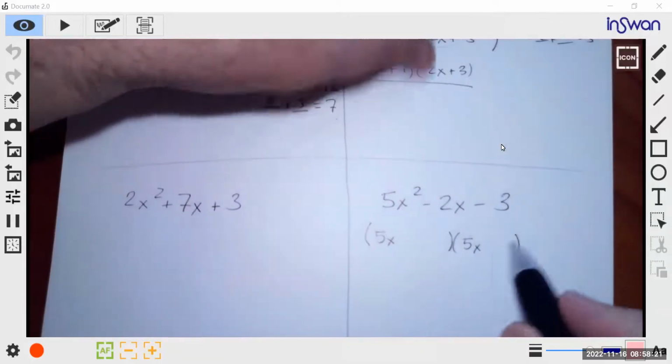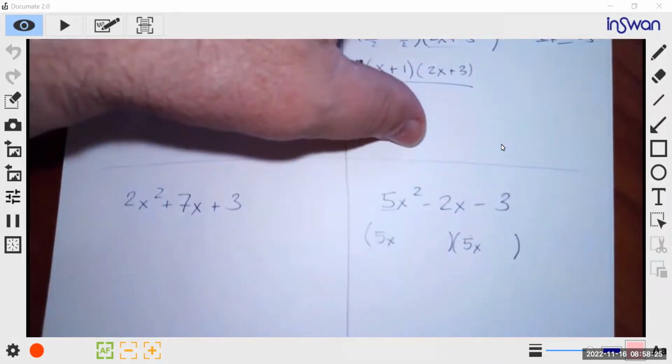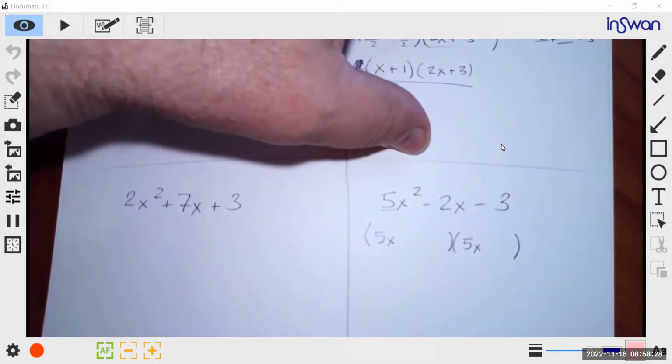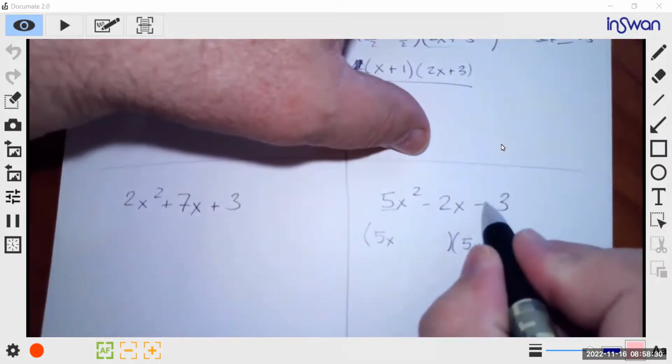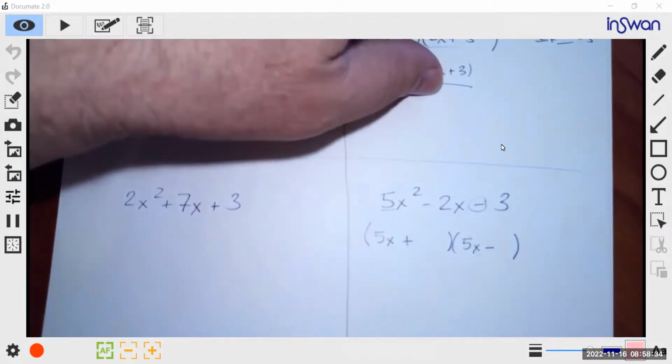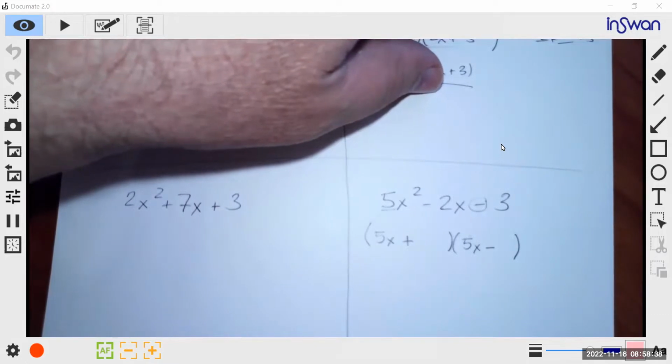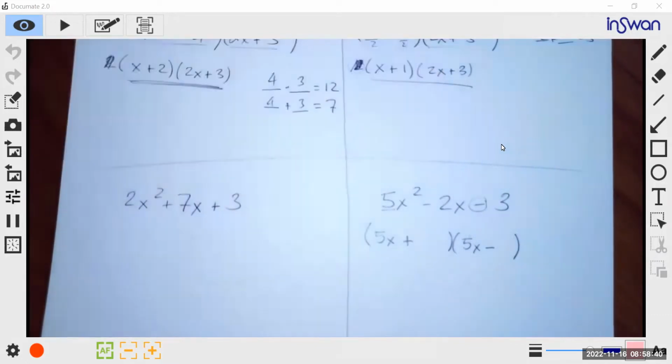All right, so I have my 2, nothing factors out, so I have 2 parentheses. Put the 5x in both of them. What signs? The second sign's a minus, so they're opposite signs. If you put both negatives, you got an answer wrong. Now you understand the importance of checking your answers.